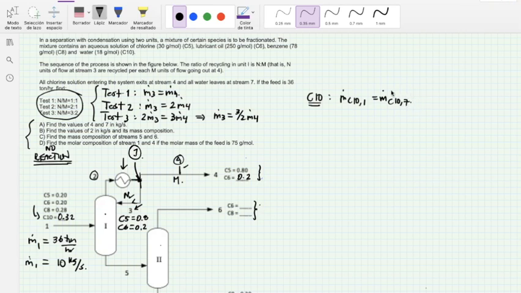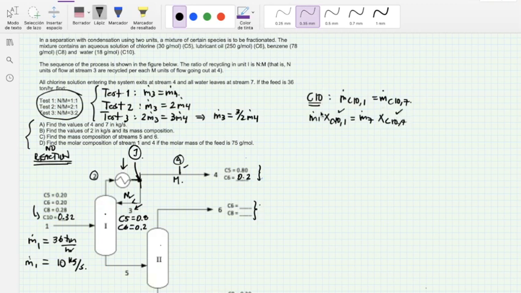So I already know the composition in both of those places, so I'm going to put M1 times the fraction composition of C10 at 1 equals M7, the mass flow at 7, times X C10 at 7.